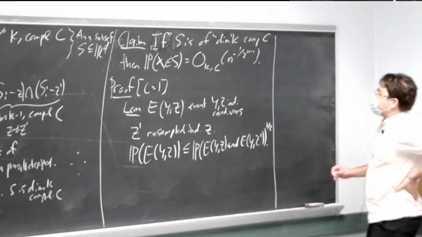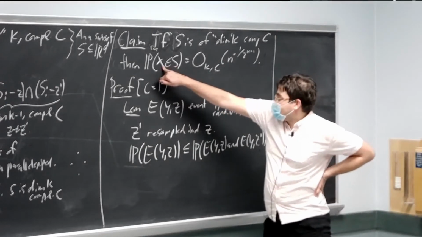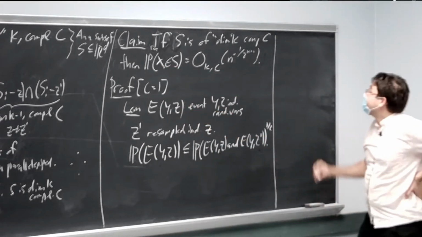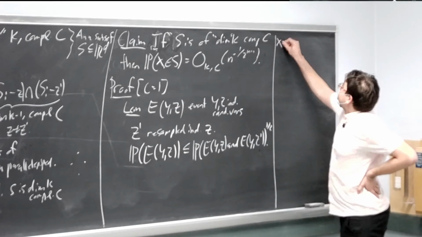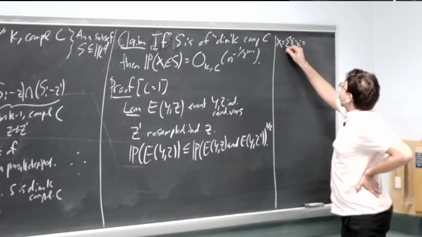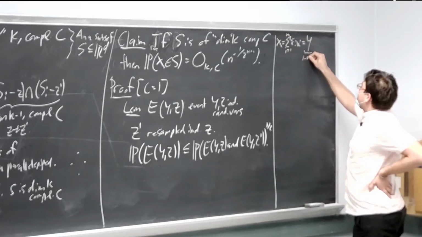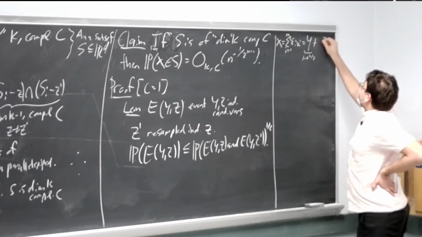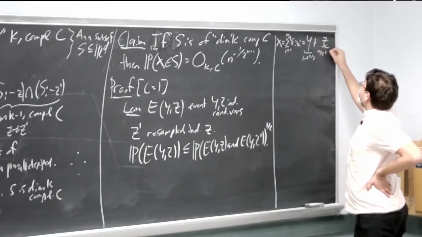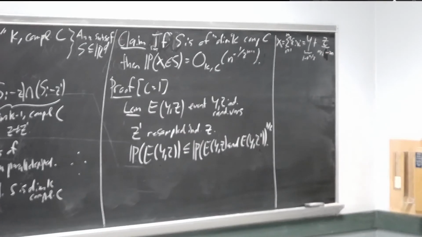So here's what we're going to do. I want to estimate the probability that x is in S. But x is a single variable and I need two variables. So the first step is to take x, the sum from 1 to n, and split it up into the first half of the steps plus the second half. The random walk is made up of two parts.